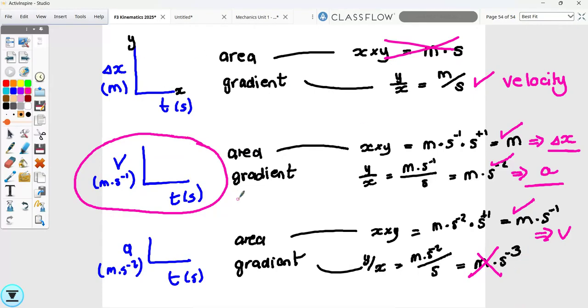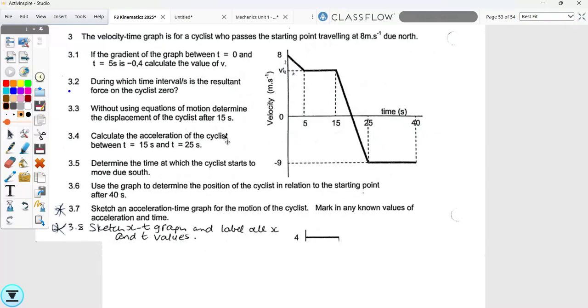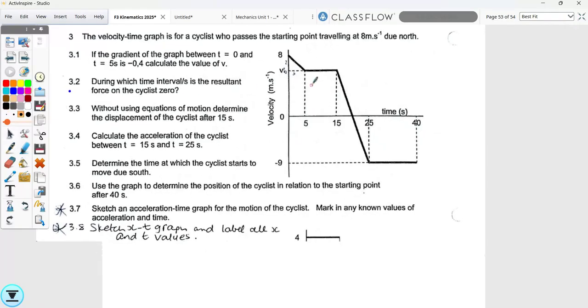Okay, so if you forget, always just go and check that. So when you get a graph, like the one we just have here, the first thing you're going to do is say, what graph do I have? What can I use? So that's always your first step. So if we look at this graph, what graph do I have? Velocity time graph.